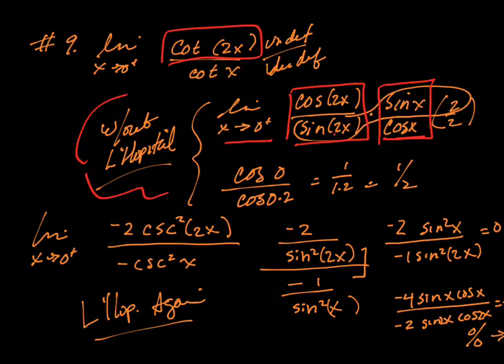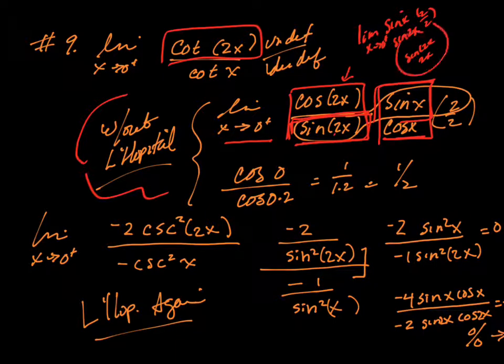And to remember that cosines are what we want, because if you put 0 in, you're going to get 1s. But the sines are what we want to get rid of. And so if we rewrite it, let me write it over here, the limit as x goes to 0 from the left of sine x over sine 2x. Do you remember you can multiply by 2 over 2 to get the sine 2x over 2x?